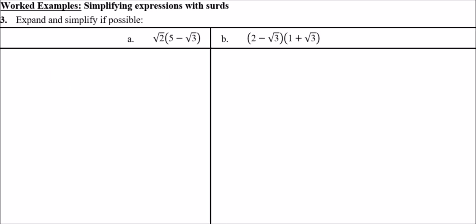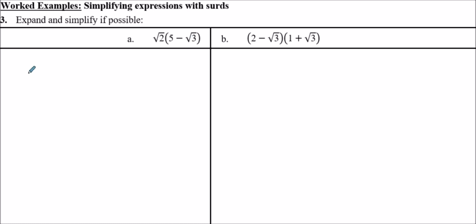Worked examples set 3. Expand and simplify if possible. Again, like I mentioned, we can treat the surds as x's in algebra. So we just take it as an x and we don't try to manipulate the most simple surd any further. So let's have a go at this one: root 2 multiplied out by 5 minus root 3.